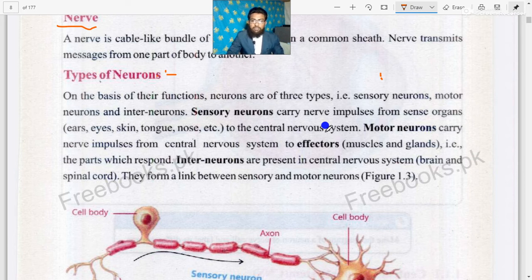And what is the central nervous system? Dear cadets, the central nervous system contains the brain and spinal cord.